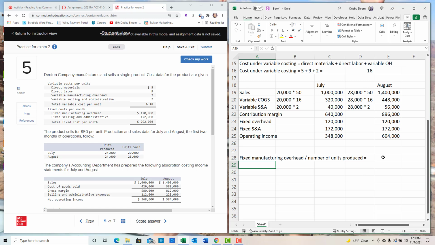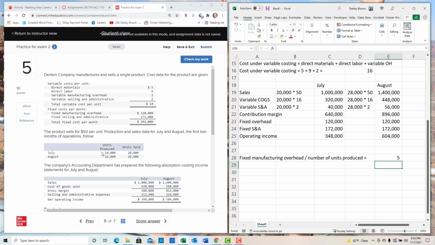In both cases, our fixed manufacturing overhead is 120,000, and our number of units produced is 24,000. So we have fixed manufacturing overhead of $5 per unit.